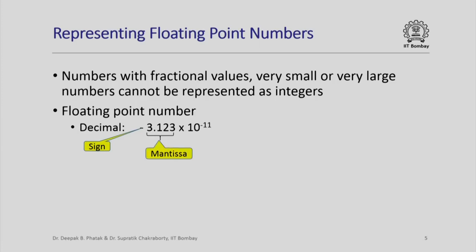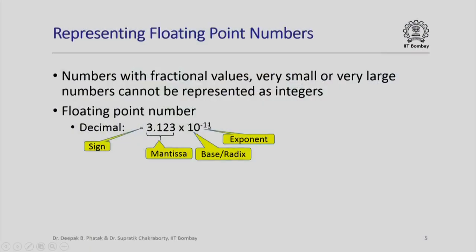Then we have this 3.123, which is also called mantissa, and then we have the base, which is 10 here, and finally we have the exponent, which is minus 11 here. Now there is nothing sacrosanct about representing floating point numbers in decimal notation. We could also use binary notation, where the mantissa would be a binary representation, the exponent would be a binary representation, and the base would be 2.